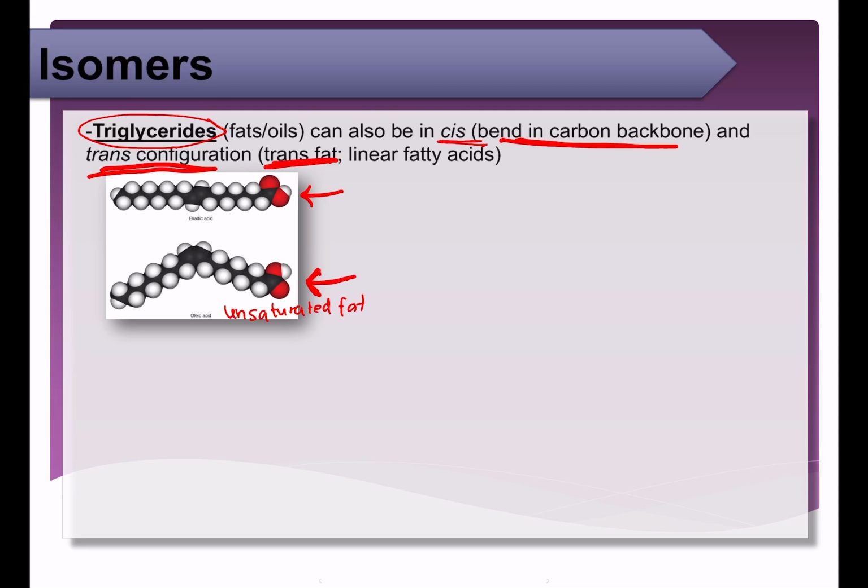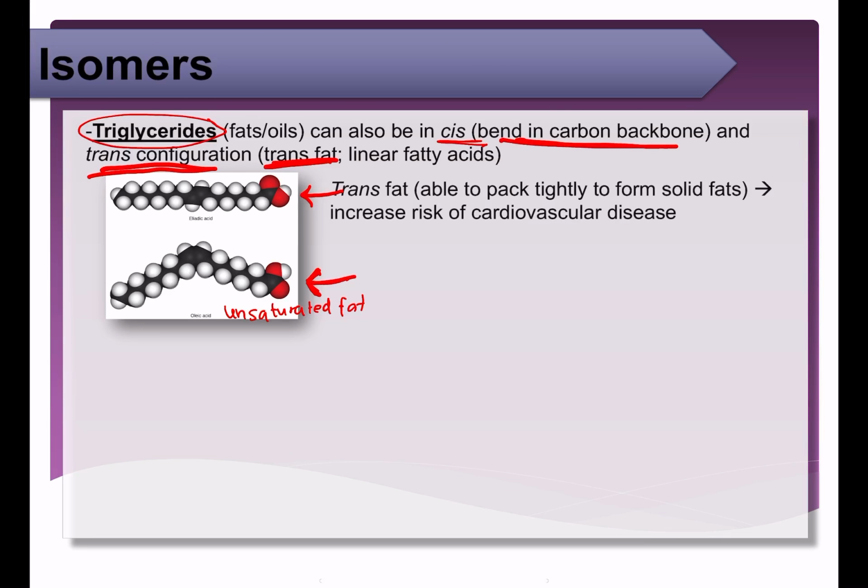Okay, and that's why trans fat is bad for our health: in our bloodstream, trans fat, being more linear in conformation like this, is more likely to pack tightly with each other to form solid chunks of fat inside our bloodstream, such as the formation of plaques, which increases our chance of cardiovascular disease if that plaque was to form, or a blood clot starts forming and dislodges into your heart or into your brain. Okay, so if it goes to your heart and starts blocking blood vessels within your heart, it's going to cause a heart attack.